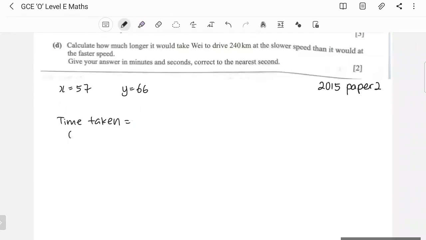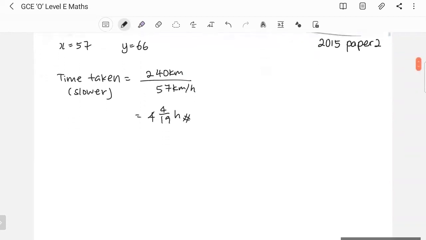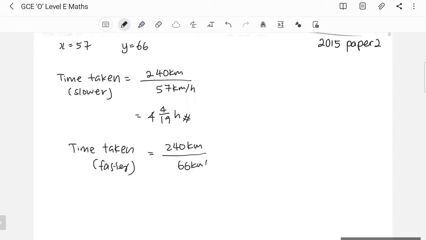For the slower speed, I divide 240 km by 57 km per hour. This gives me 4 over 19 hours. What about the time taken for the faster speed? I divide 240 km by 66 km per hour. This gives me 3 hours 7 over 11.